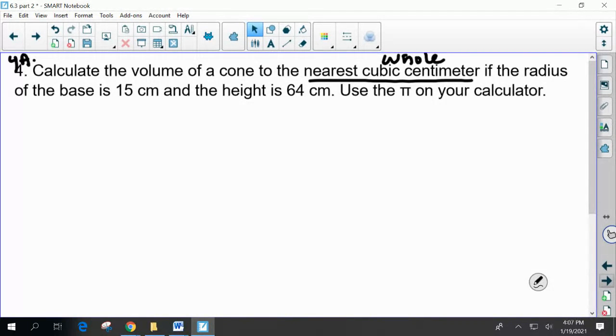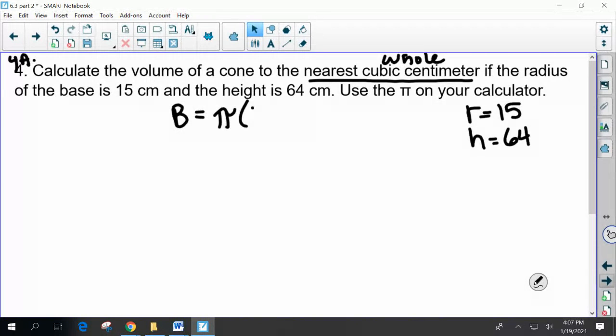The radius of the base is 15 and the height is 64. So we are using pi on our calculator again. Capital B equals pi times 15 squared. 15 squared is 225, so I'm going to leave this as 225 pi.